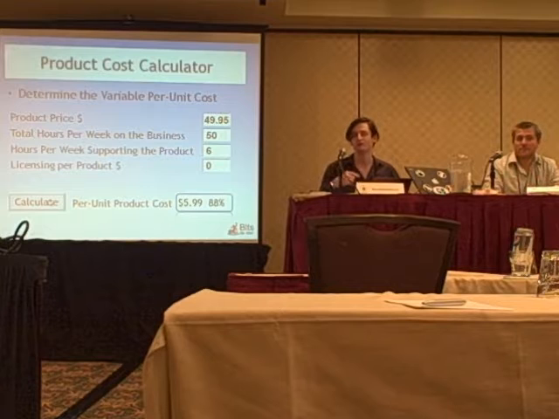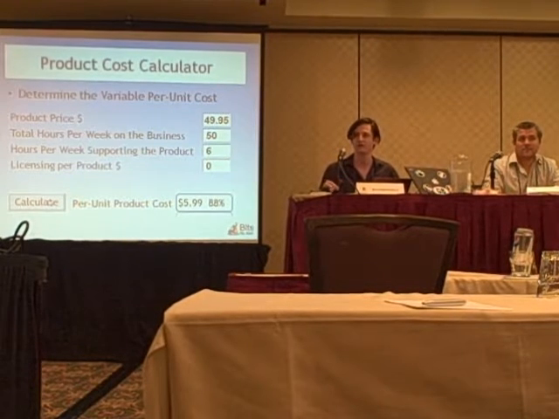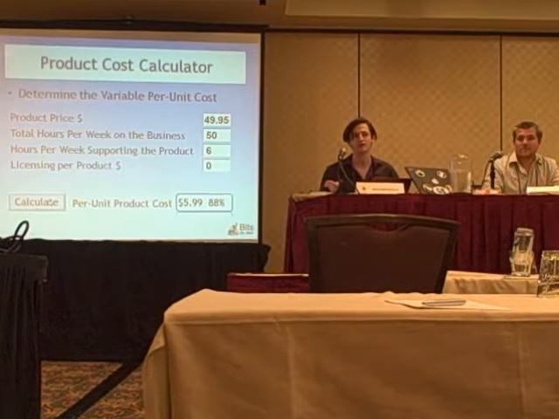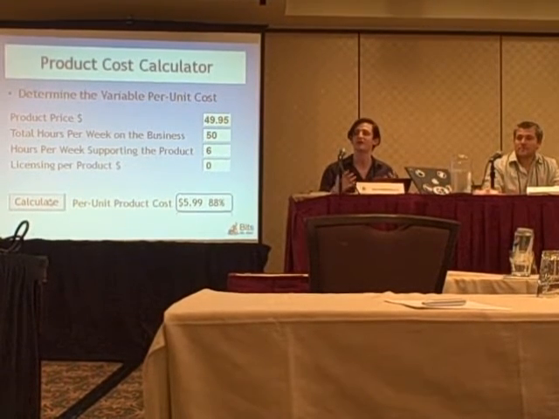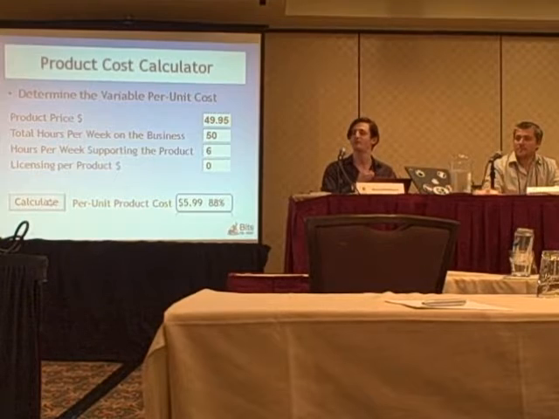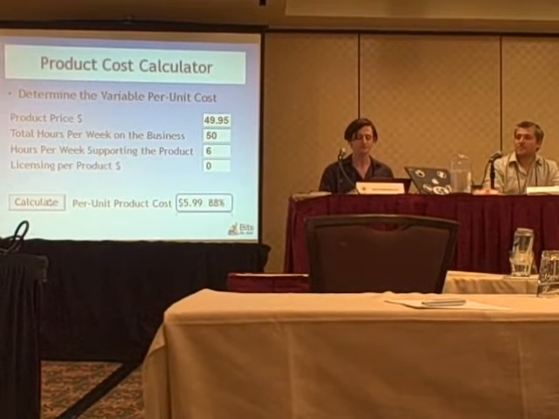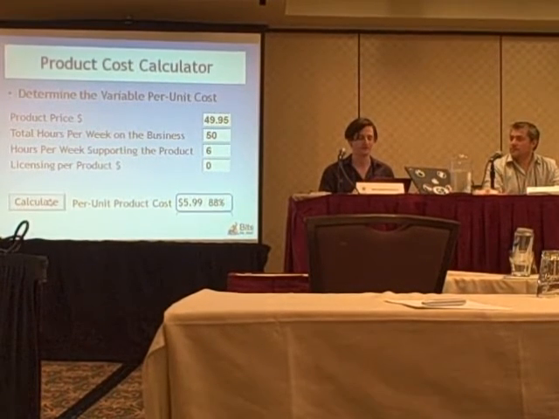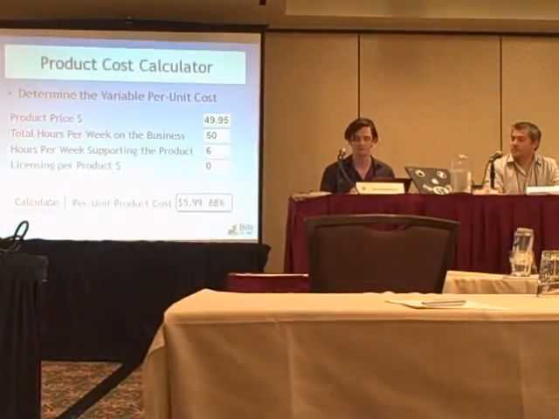But this is very, very powerful, and this is the math that people do not do in considering a software promotion. When you do a promotion, you're not selling in a normal manner. You're selling in a way that makes it a very limited time, limited promotion. And this is the key piece of information you need. Okay, so once you've got your magic number, it's going to be different for everyone.